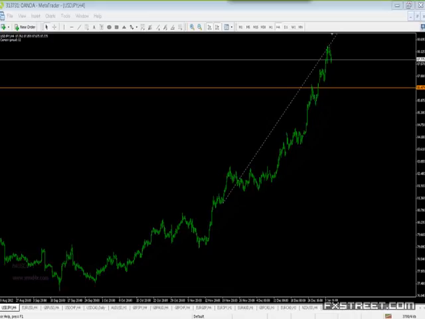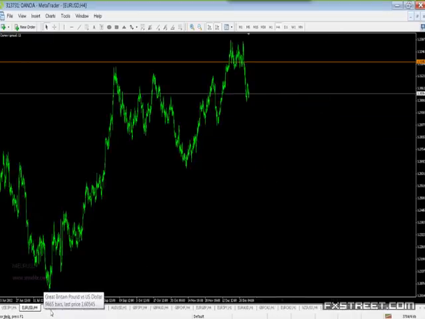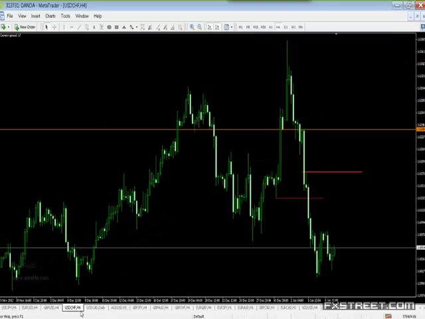Okay, actually before we do that, if you're looking at my screen, this is the USD JPY. You might notice that there's a big orange line going across the screen, and if you're looking at all of my charts this morning, they all have this kind of big orange line marked on them. So that's the GBP USD.